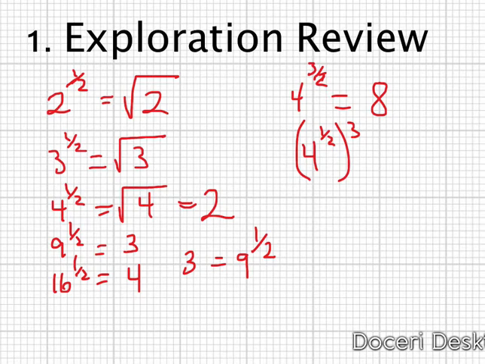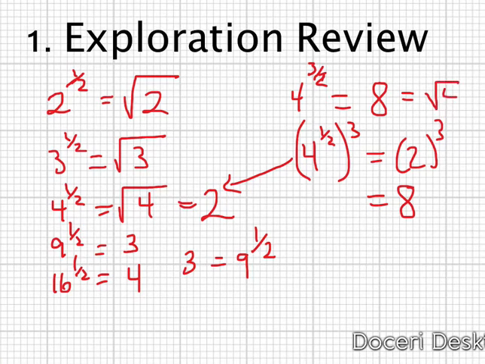Well, we know from before that 4 to the 1/2 is 2. So this is just 2 cubed, which we know is 8. So one thing you can think of this as is when I have 3/2 power, this is going to be the same as the square root of 4 raised to the 3rd power.